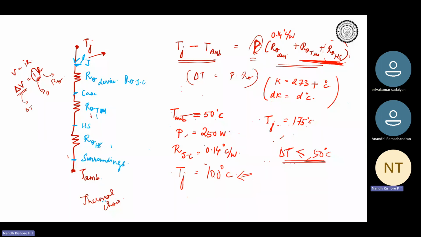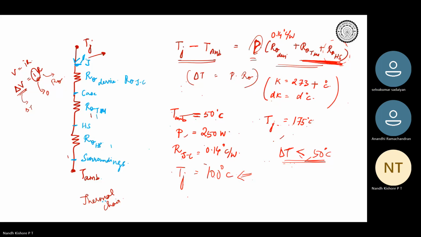The delta T, as per the data sheet and power calculation, is 35 degrees. So we have to calculate the heat sink to transfer these 35 degrees, from junction temperature to ambient. So the heat sink is to be decided to transfer this amount of heat.